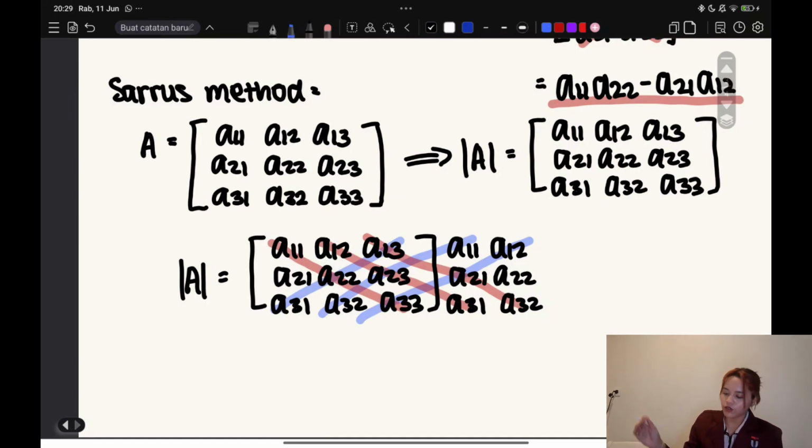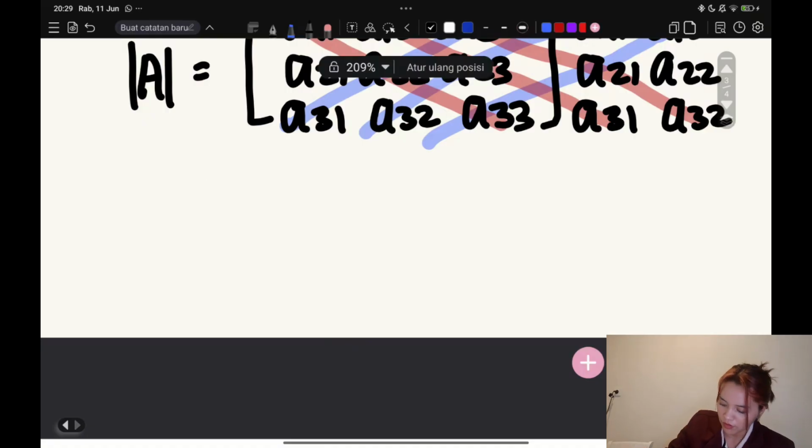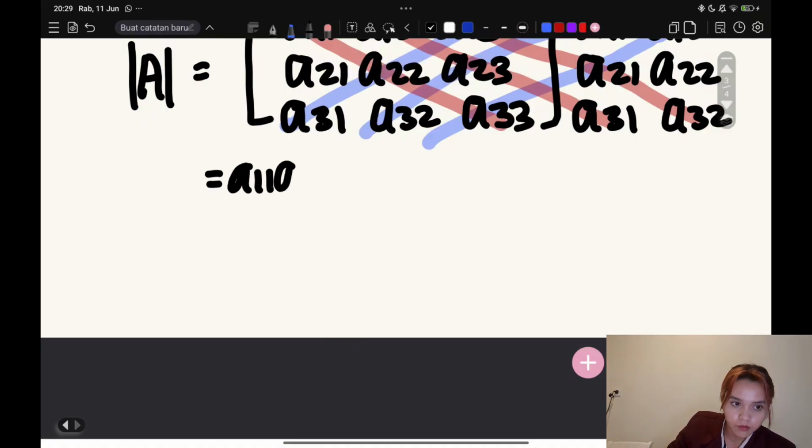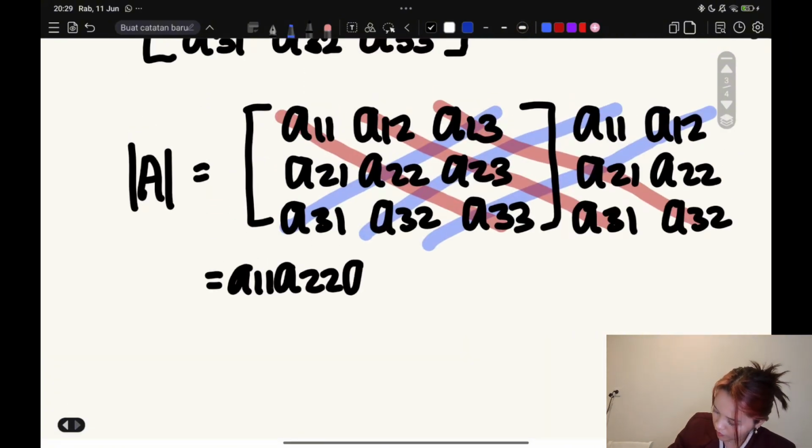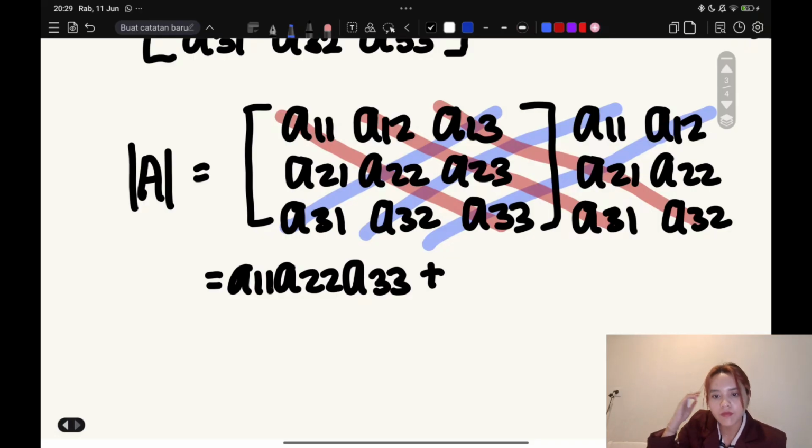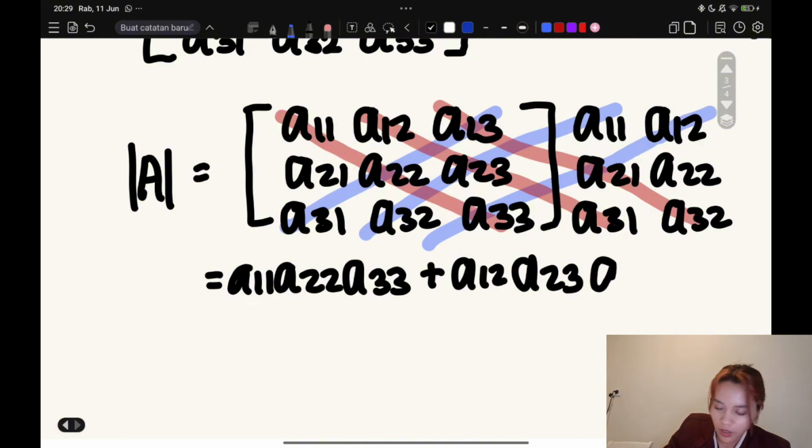Okay, for this color we have, and then after this we have to times, we have to plus A11, A12, A33 and A32, and then after this one, for this one we have to add this number.